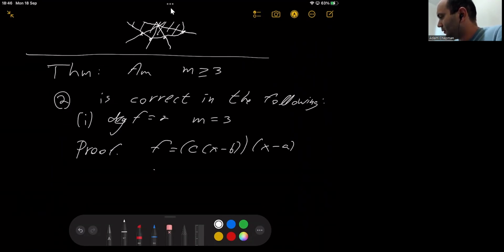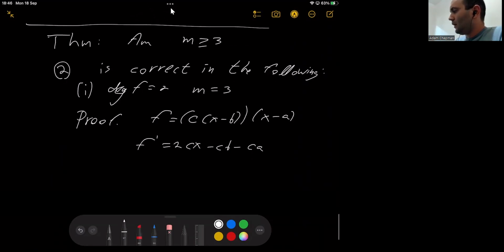So the derivative is simply going to be 2 times c times x minus cb minus ca. And the only critical point that you have is again one half (a plus b).